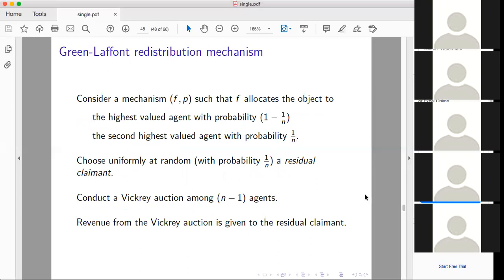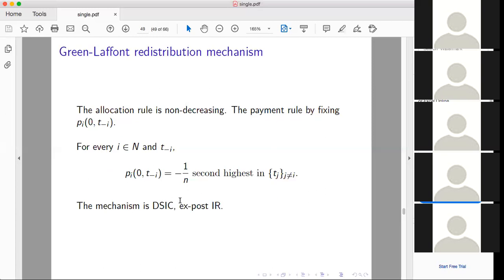That's why we have this 1 over n term here. Whenever you are the residual claimant, you're going to get the second highest of the tj's, and that happens with 1 over n probability. Even if you're not winning and you are not the residual claimant, pi 0 of t minus i would be equal to this.